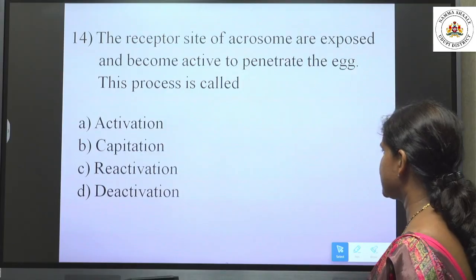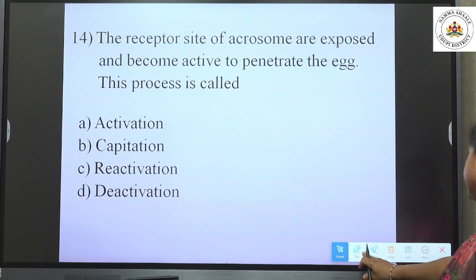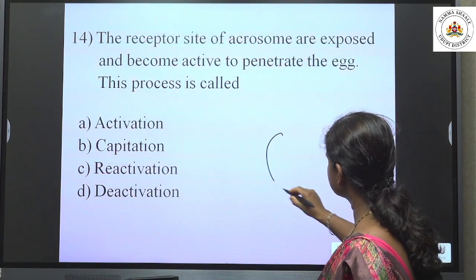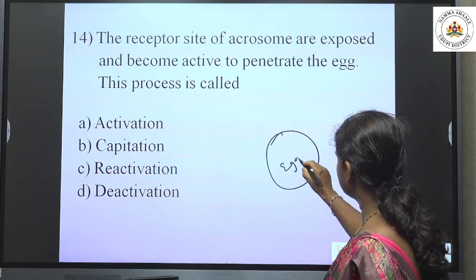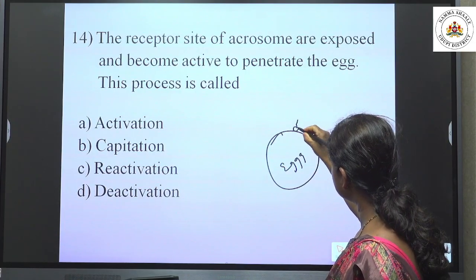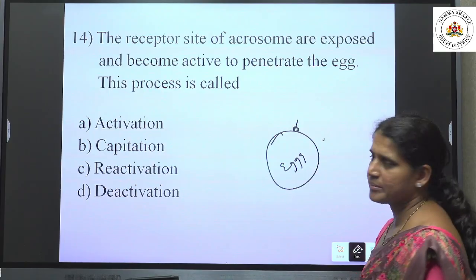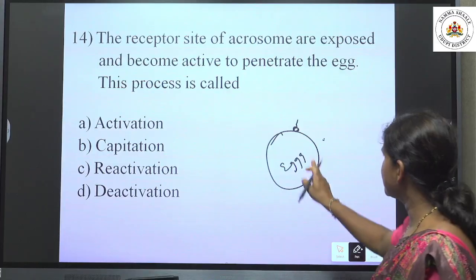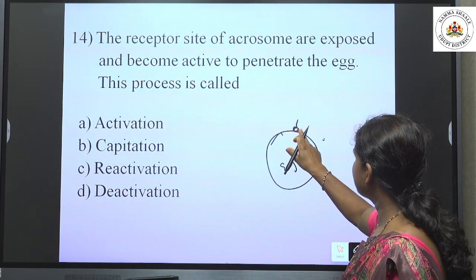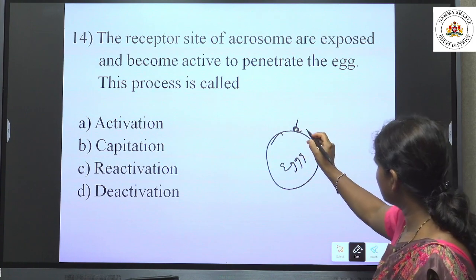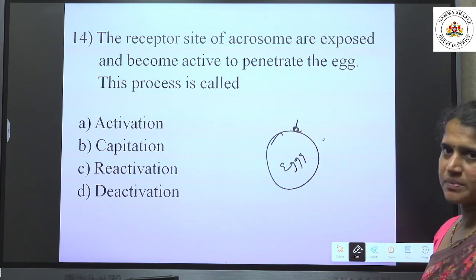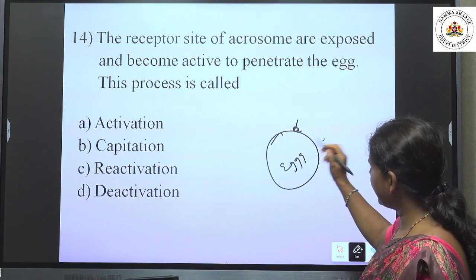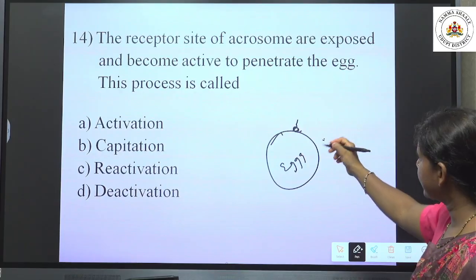So during fertilization, the sperm head binds to the egg membrane. Some of the female secretions mainly help to remove the external coatings of the sperm, then only the sperm enters the egg.